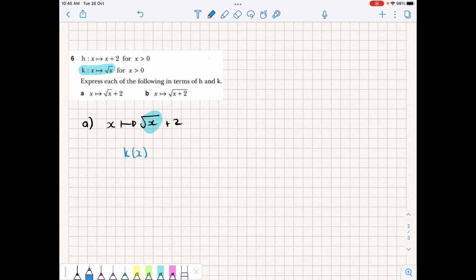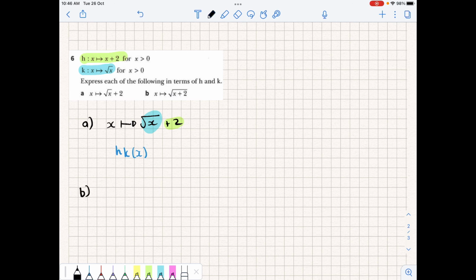Right, after it's being squared, we can see that we're adding 2. And the function that takes x and adds 2 is h of x. And so after we apply k, we are applying h. And so the square root of x plus 2 could be the combination h k of x.